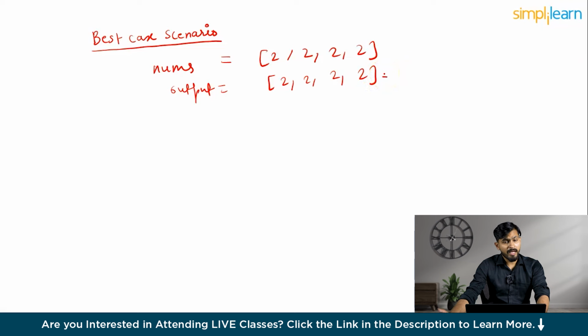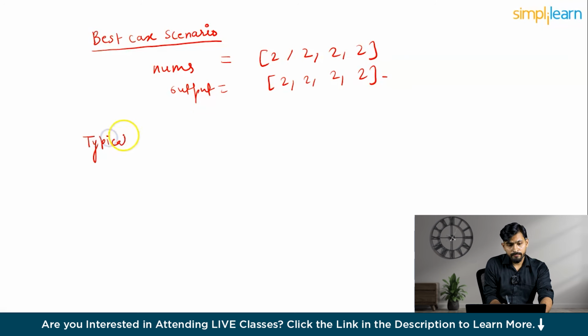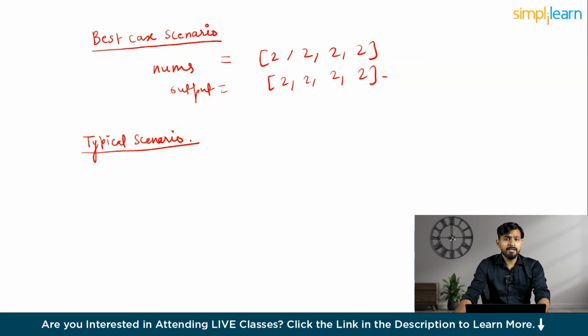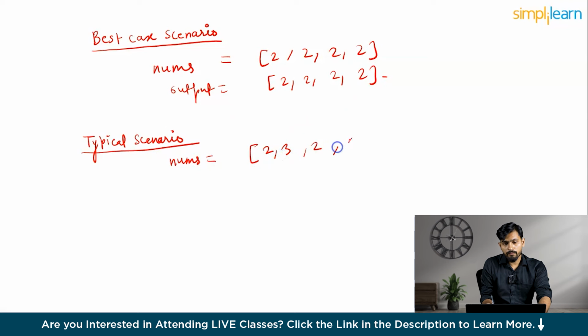Now let us take the third type of scenario, which is a typical scenario. Let us return to the original example and break it down step by step. Suppose we have this array: 2, 3, 2, 4, 2, and 3.